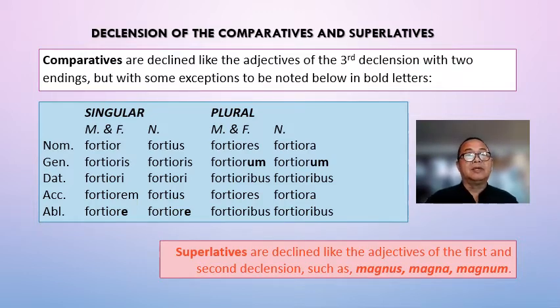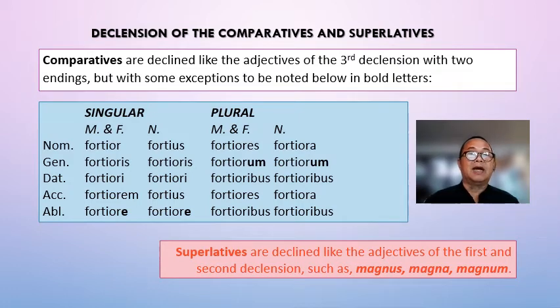So, look at the declension. You have fortior, fortius, fortioris, fortioris, fortiori, fortiori, fortiorem, fortius, for neuter. Ablative, fortiore. Third declension adjectives have -i, but here you have a different ending for the comparative, fortiore.